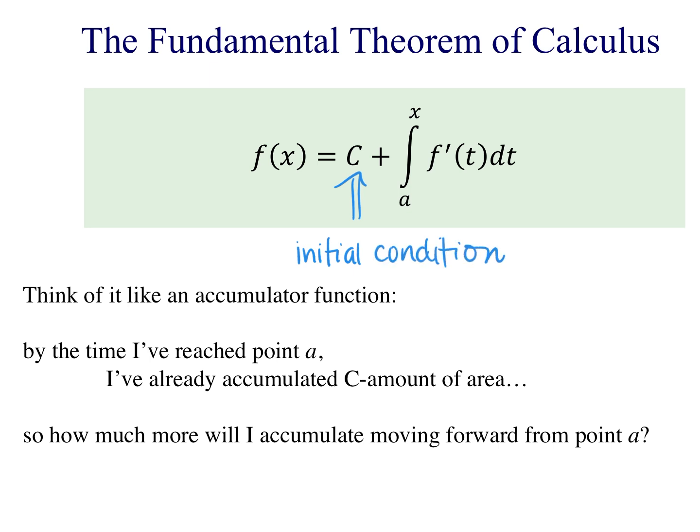It's like when you're born, your height is not 0. None of you were born with a height of 0. You were born with your initial condition of your height being 22 inches or 19 inches or whatever you were when you were born. That is called your initial condition. The same thing as your weight. You're not born with 0 weight.